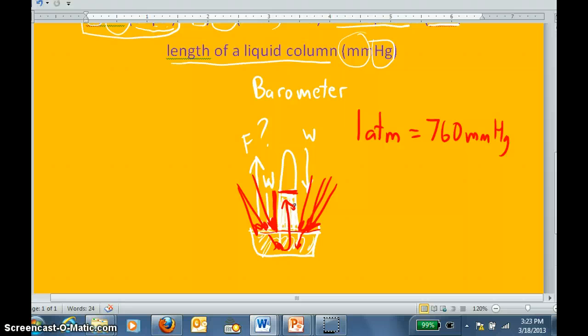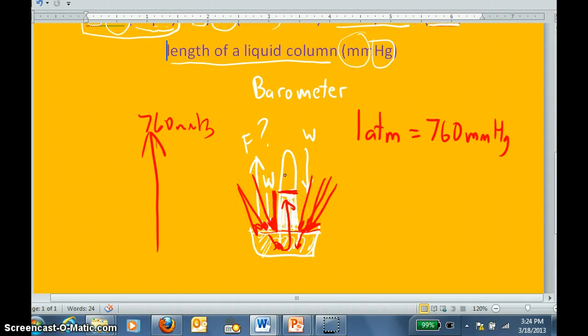So not that high a column can be supported, but mercury is very dense and very heavy, so even a column of it that's 760 millimeters high has a significant weight trying to pull it down. So yes, the atmosphere can support it against its own weight.